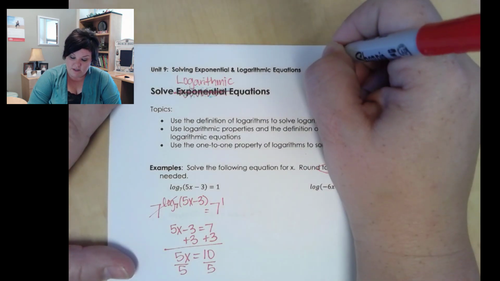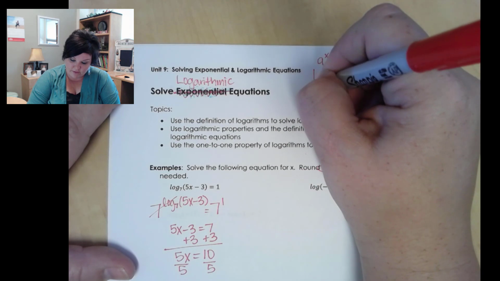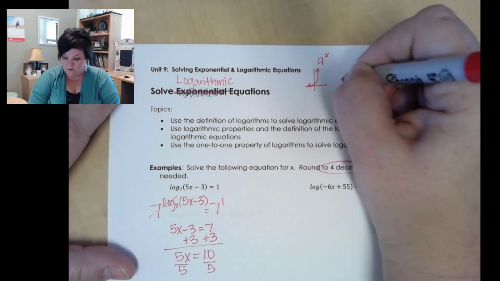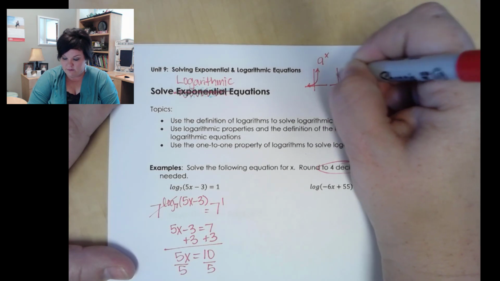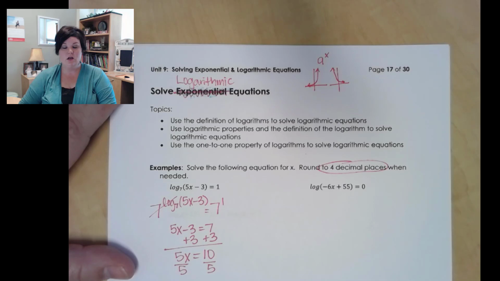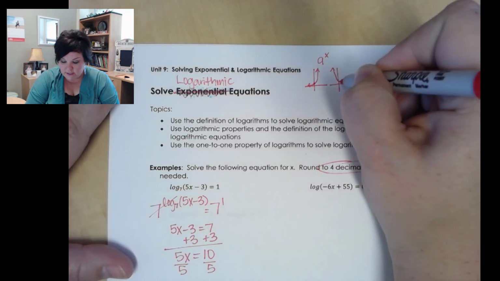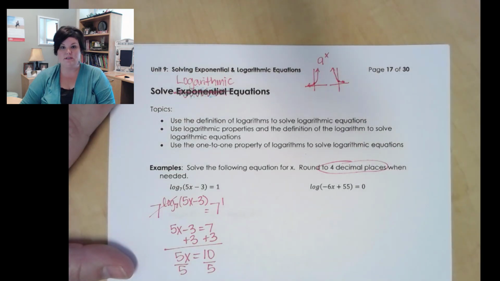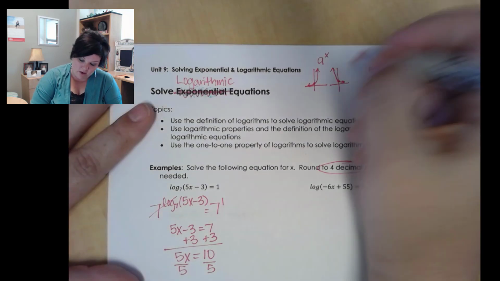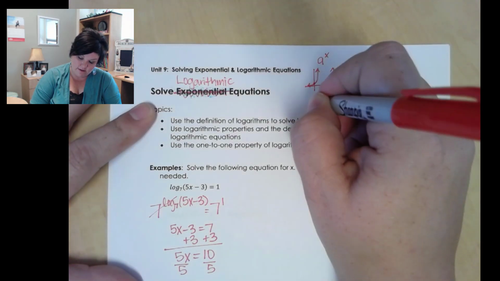When we look at a to the x power, we're going to get a graph that either looks like this, or we're going to get a graph that looks like this. These are our exponentials. All of our exponentials go through this point, 0, 1, 1, 0, that kind of thing. And then we swap all of our values, and we end up with log base a of x.